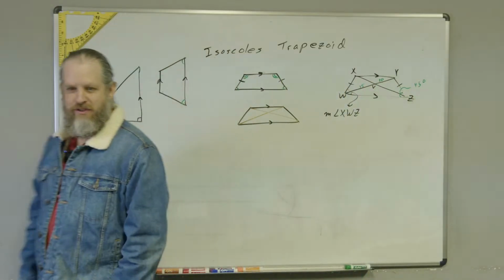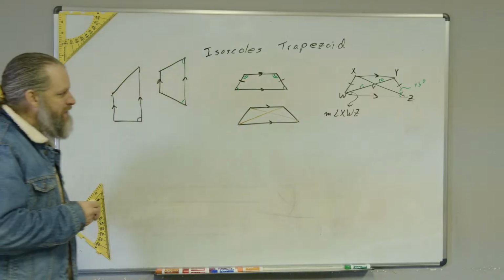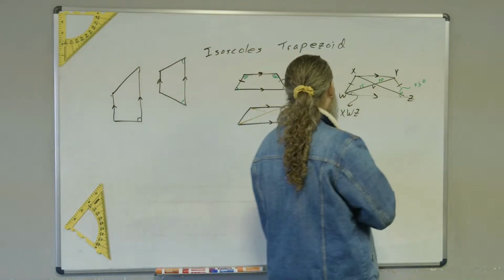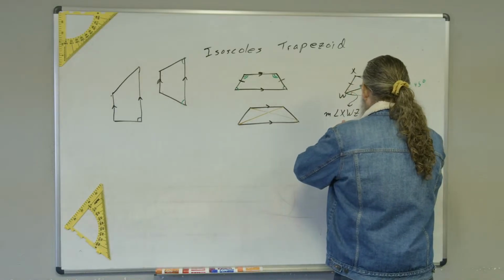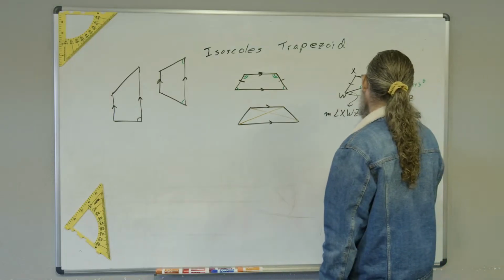And what else did we just learn about isosceles trapezoids? About their angles. That's true. Its base angles are congruent, which means that this one equals what? It does equal itself. What else does it equal? 45 degrees. Easy peasy.